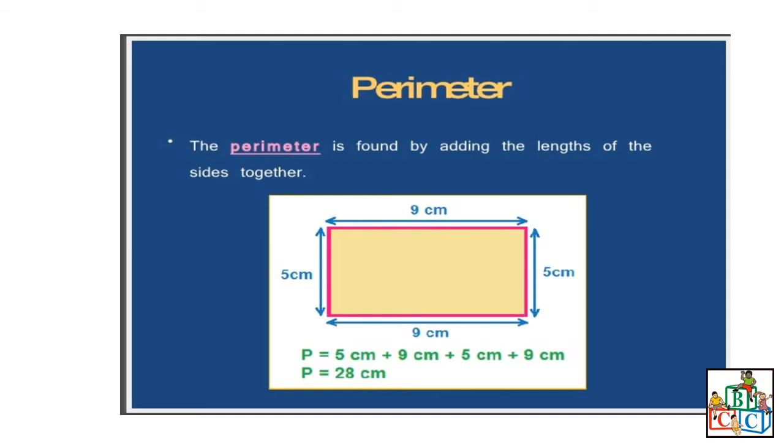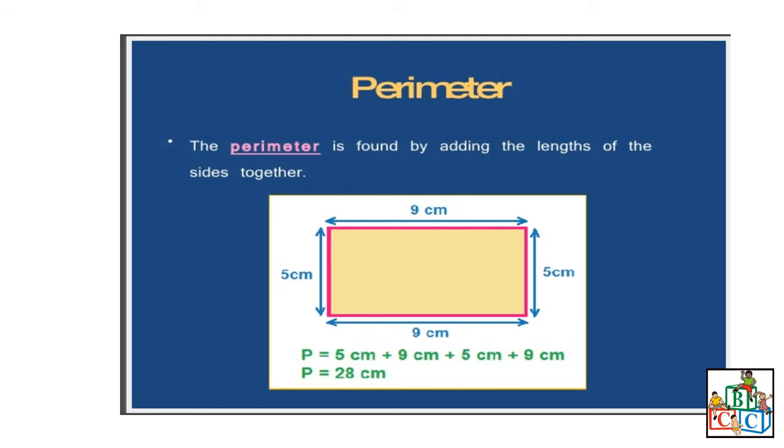You can do like this, 9 plus 9 plus 5 plus 5, or 9 plus 5 times 2. Your answer will be the same.